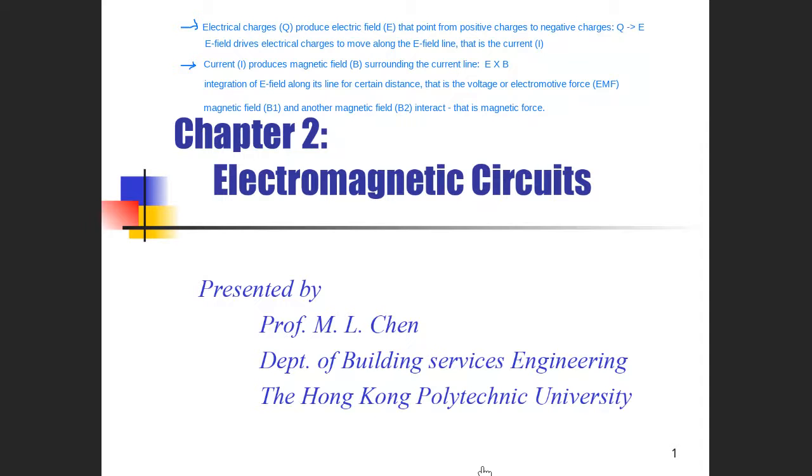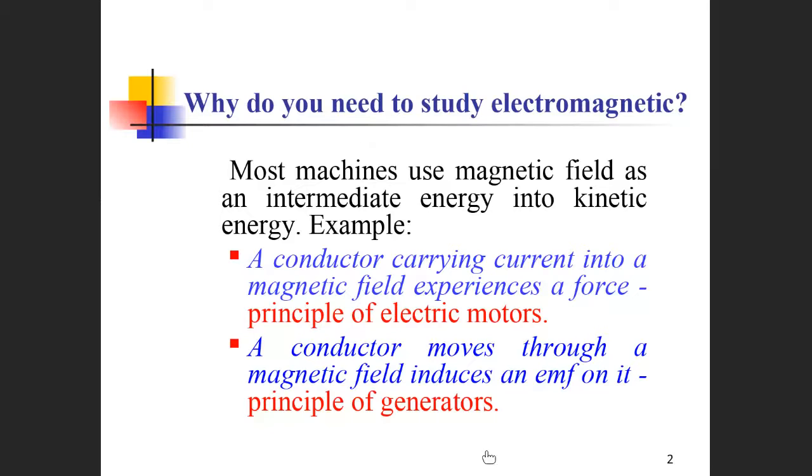Now let's go ahead and look at two basic principles in practice, two very important principles. The first statement is that a conductor carrying current in a magnetic field experiences a force.